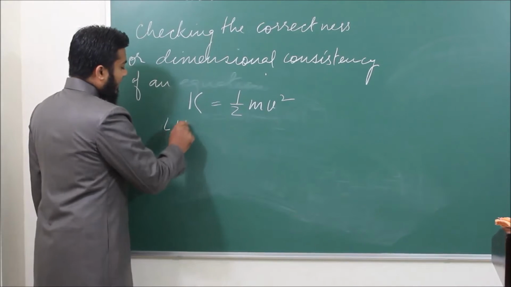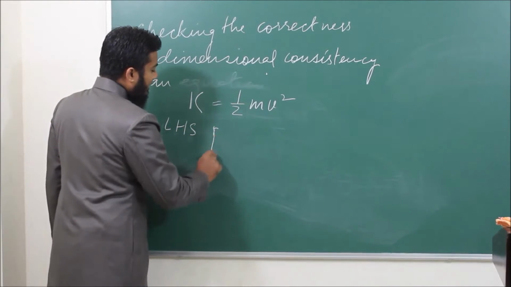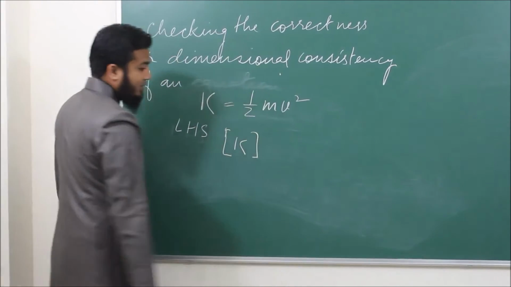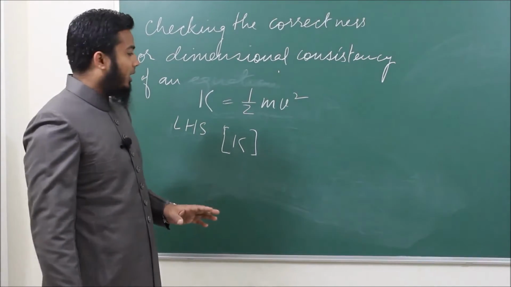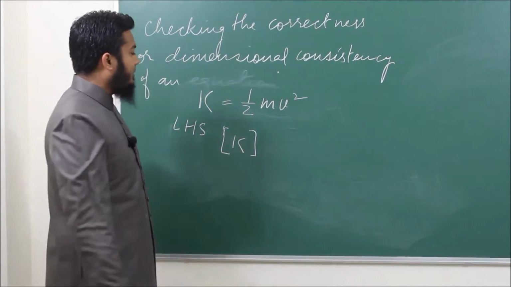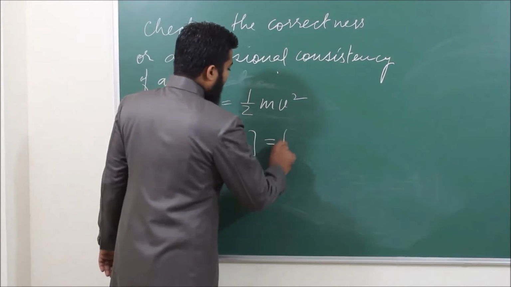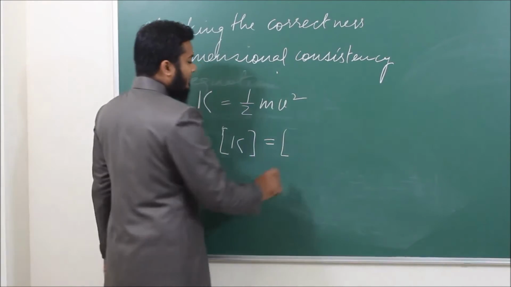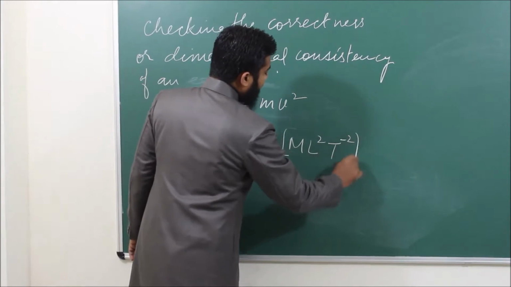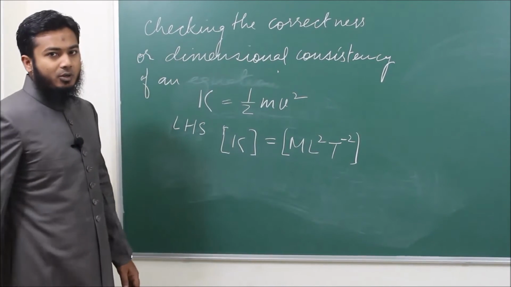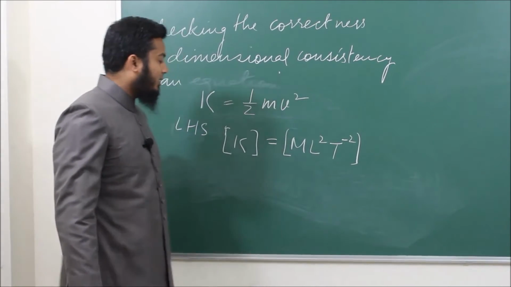On the left hand side we have kinetic energy. Last time we have seen that energy and work done have the same dimensional formula. All types of energy will have the same dimensional formula. So it will have the formula for work done, which is m L square and T minus 2. So the dimensional formula for kinetic energy is m L square T minus 2.